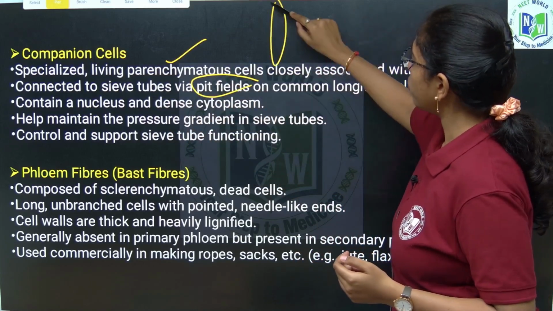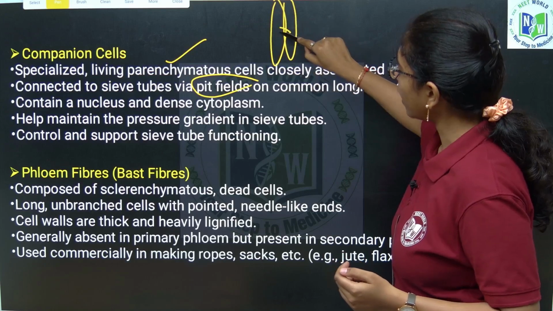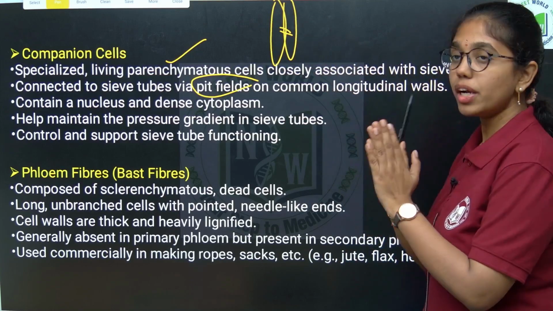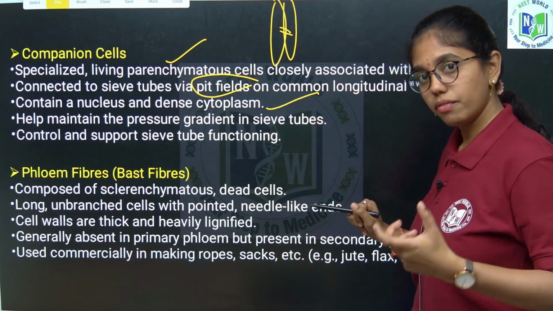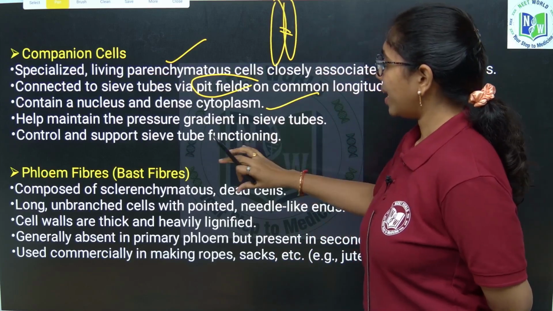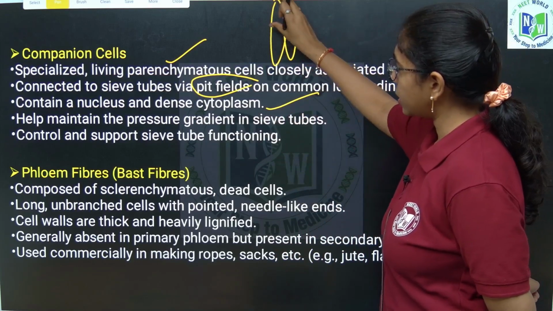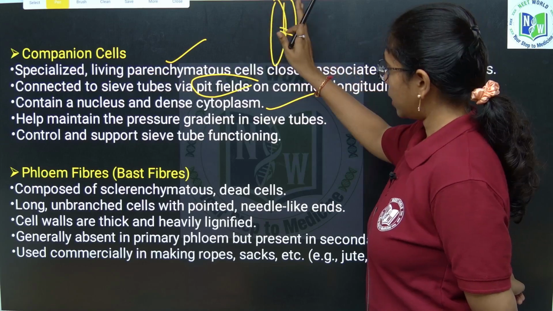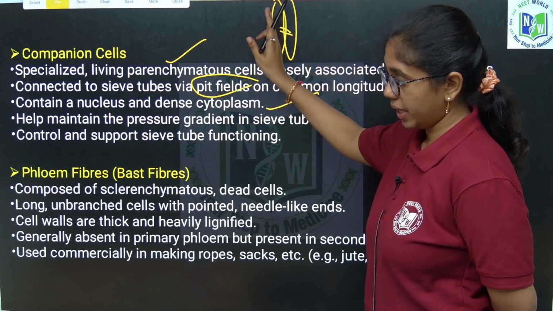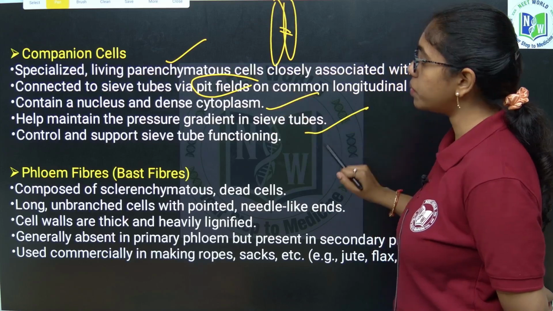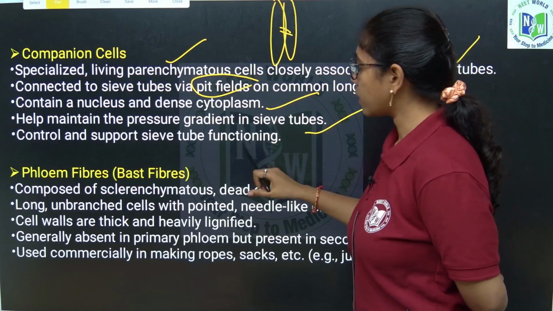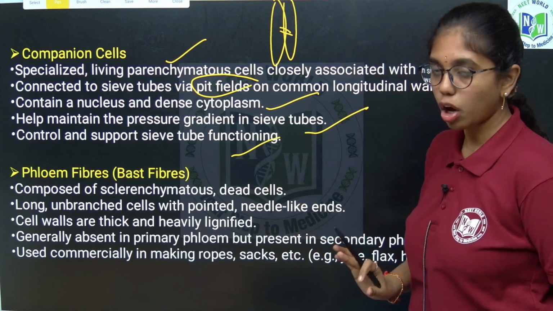Between sieve tubes and companion cells, there are pit fields in common longitudinal walls. They contain nucleus and dense cytoplasm. They maintain the pressure gradient in the sieve tube cells. Companion cells will regulate the pressure gradient in the sieve tube cells. They control and support sieve tube functioning also.